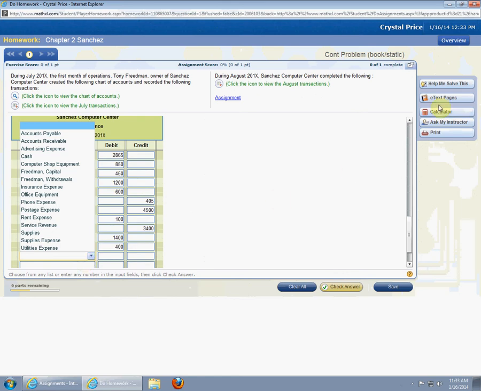You can use your calculator and add up your debits and then add up your credits. Just don't assume that when you add the debits that the credits are going to be the same. This is the purpose of this statement. Add your debits, add your credits. They should equal.